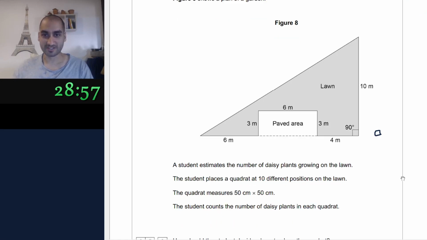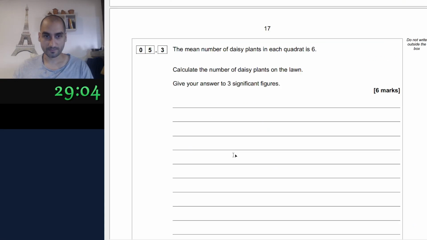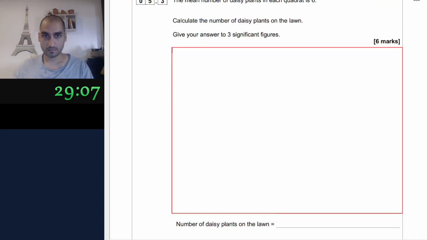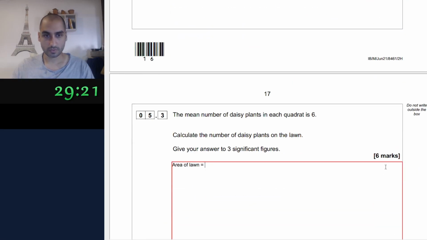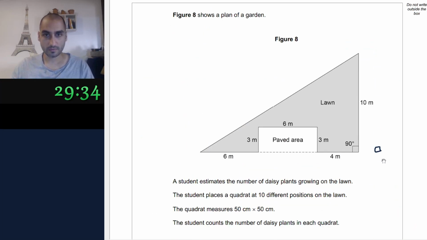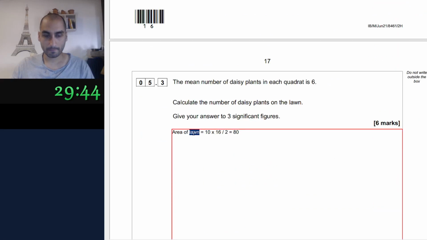Area of garden equals 10 by 16 over 2, which is 80.